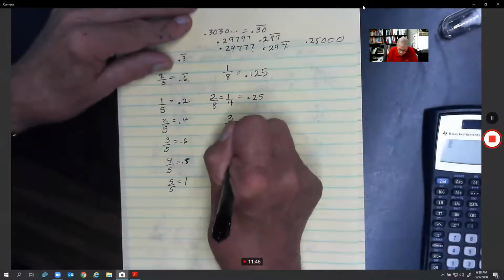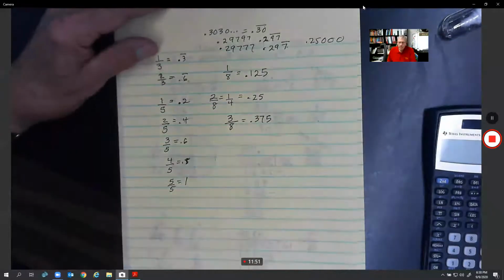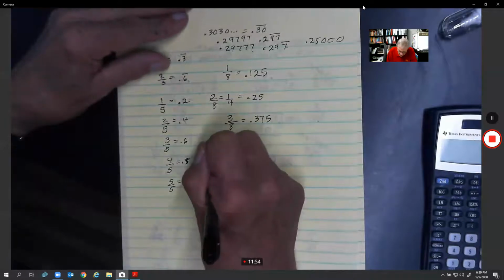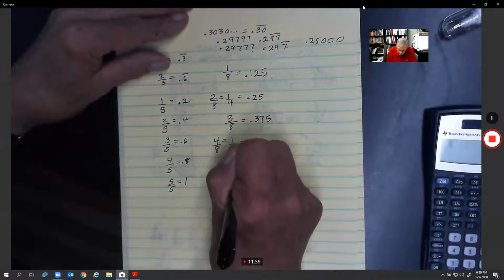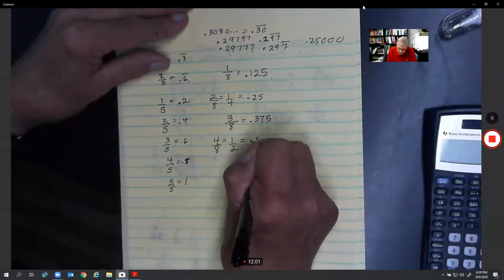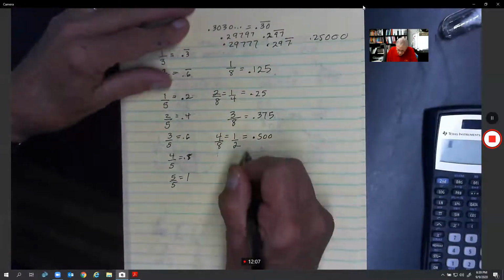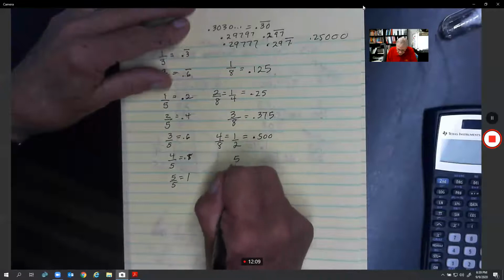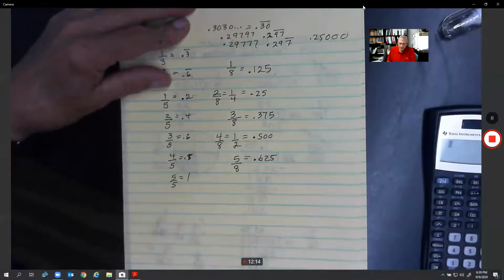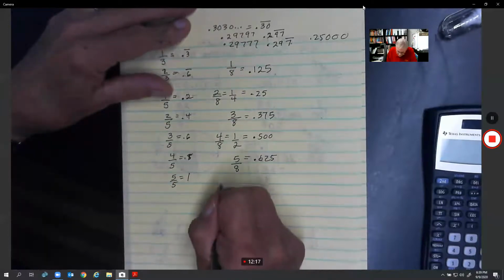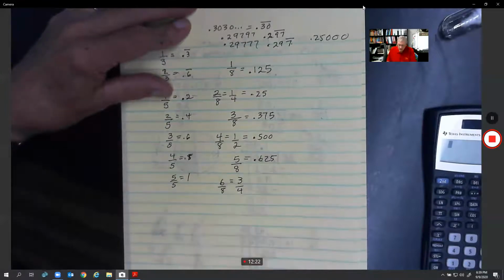3/8 is 0.375. What about 4/8? This one you've probably seen. 4/8 is 1/2. You're probably familiar with that. 0.500, or just 0.5. 5/8 is 0.625. 6/8, which is 3/4.